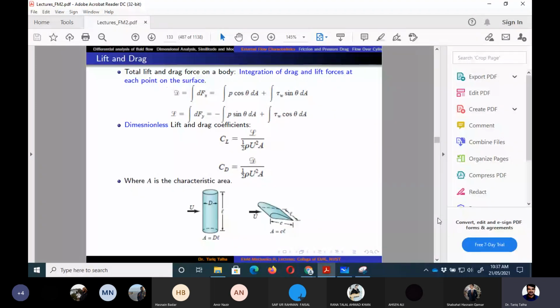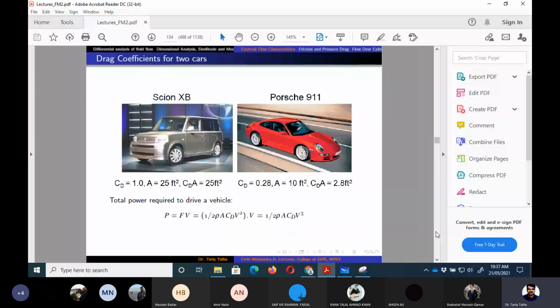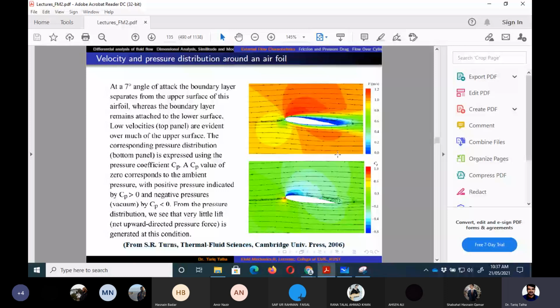In the last class we also discussed that the drag coefficient for a blunt body like this Toyota Scion would be higher as compared to a racing car like this one on the right hand side, and then for the aerofoil. We also discussed that there are two types of bodies: streamlined bodies like an aerofoil, or blunt bodies in which the frontal area is more.